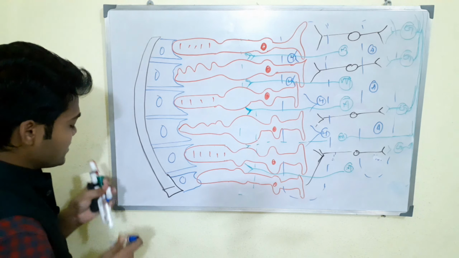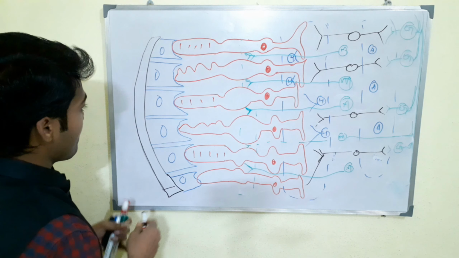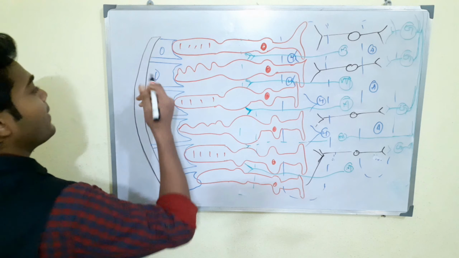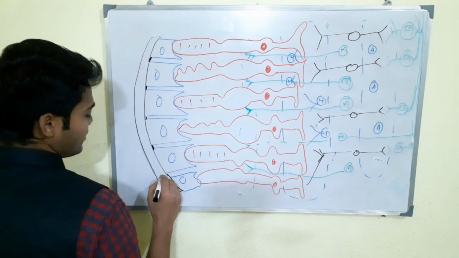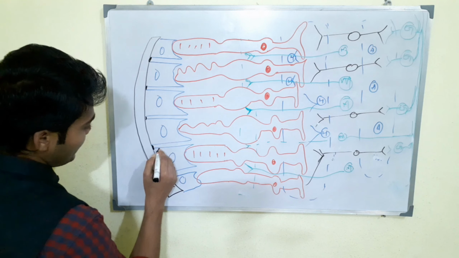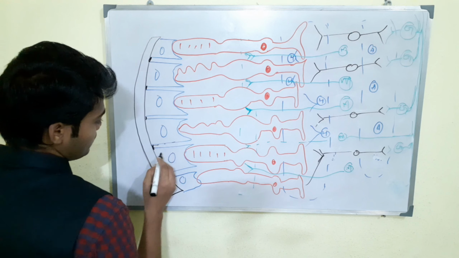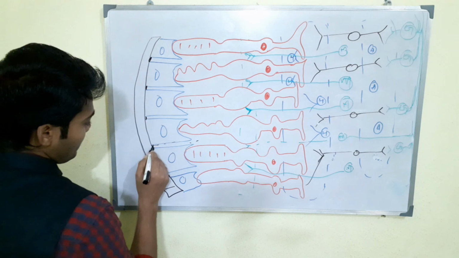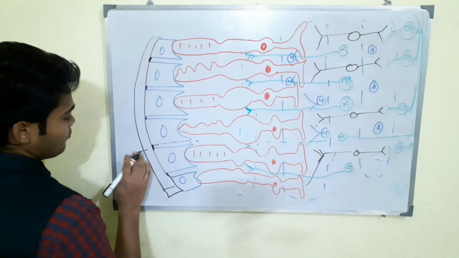One thing I just missed: here a barrier is also present. Now you may ask why this barrier is present. This barrier helps the pigmented epithelium cells play a blood retinal barrier role. Why?